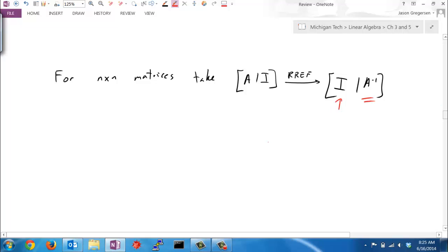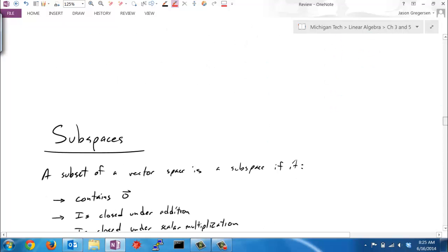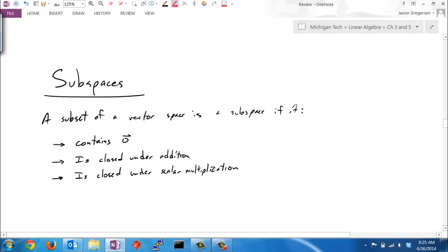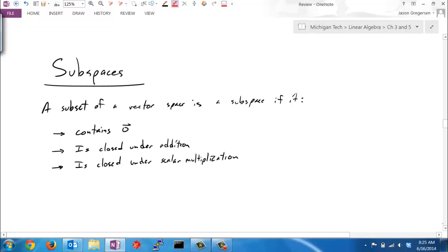After that, as we got into 2.8 and 2.9, it was the introduction to subspaces. Once again, 2.8 and 2.9 were really a condensed version of all of chapter 4. We start talking about subspaces as taking a large space and looking at just a small group of vectors within that space, a subset of that space. So the question is, if we just take a small group of vectors, does that form its own vector space?